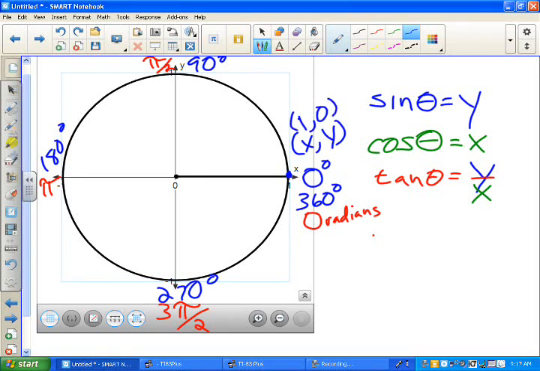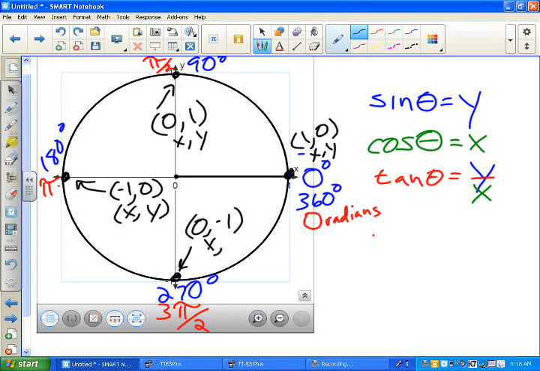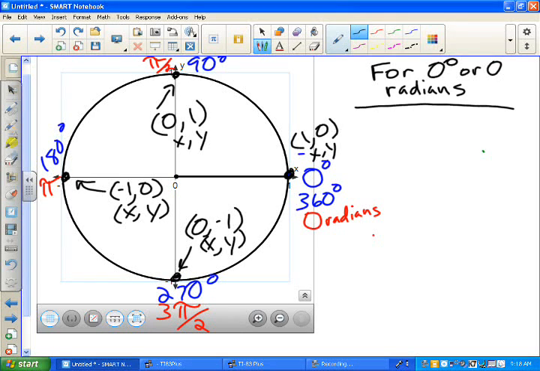If we sweep and make an angle, in this case an angle of 0, we end up with a point on the line of (1, 0). If we sweep and have an angle of 90 degrees, the coordinate point is (0, 1). 180 degrees is (-1, 0). 270 degrees is (0, -1). And then we end up at 360, and that's right where we started.